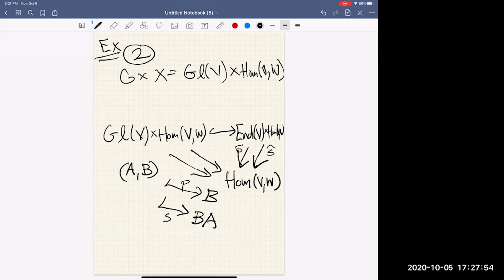Okay, but then if I look at the boundary, it is just lower rank matrices, non-invertible matrices, cross HOM VW.